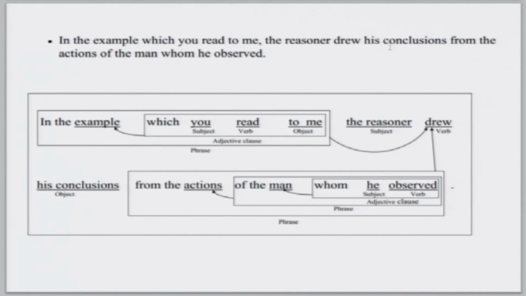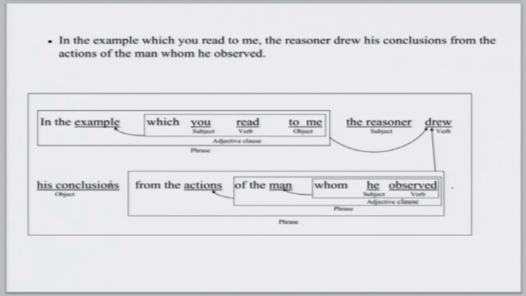The reasoner drew conclusions. So, the reasoner is the subject. What did the subject do? Drew what? His conclusions. So, the reasoner drew his conclusions, subject did object. This is the actual skeleton of the sentence.